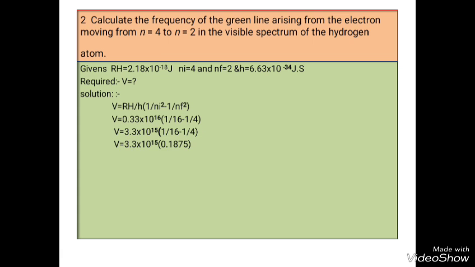And when we multiply the terms 3.3 and 0.1875, frequency equals 0.61875 times 10 to the power of 15.